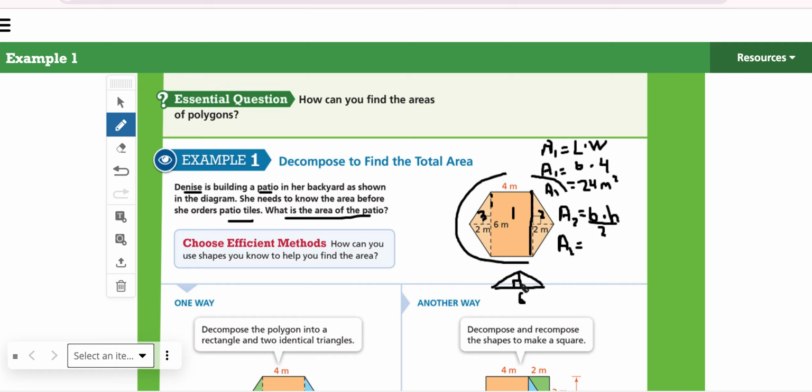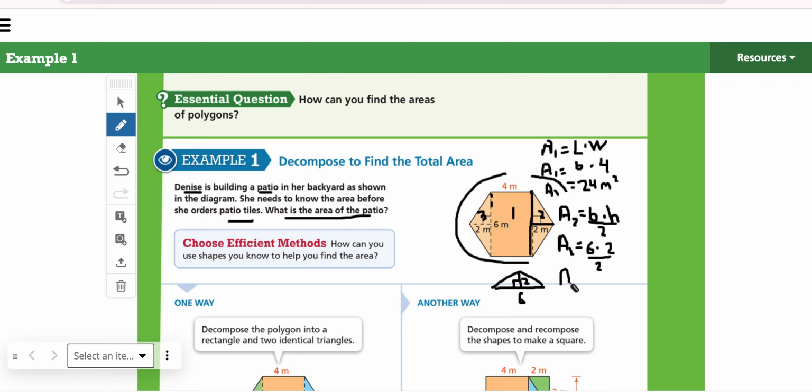And then the height is this line inside that makes the right angle, which is 2 meters. So the height is 2. I just drew the triangle and turned it, so you can see the base and the height. So now the base is 6 times the height is 2, and then I'm going to divide by 2.